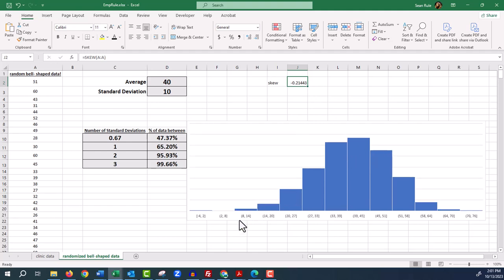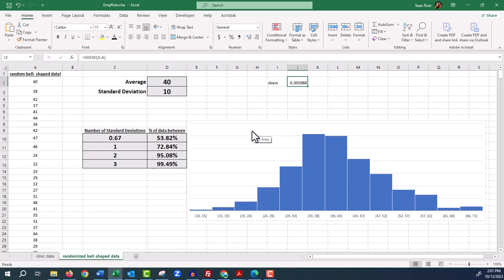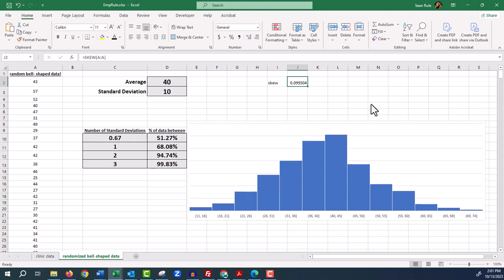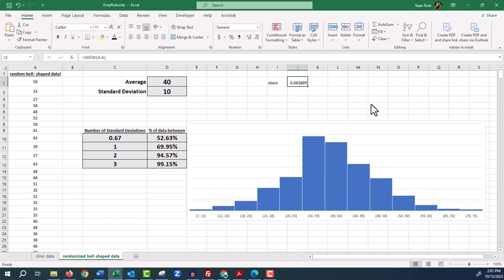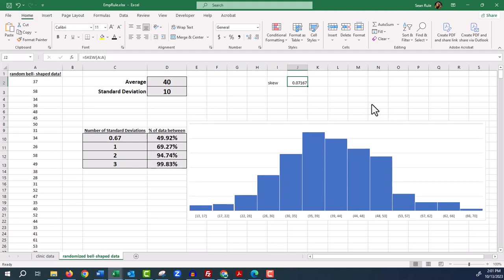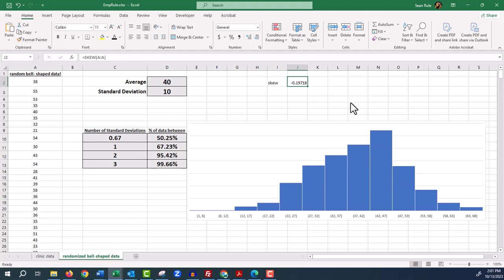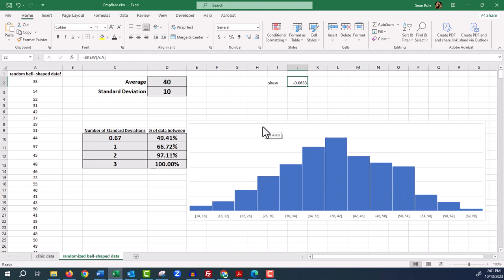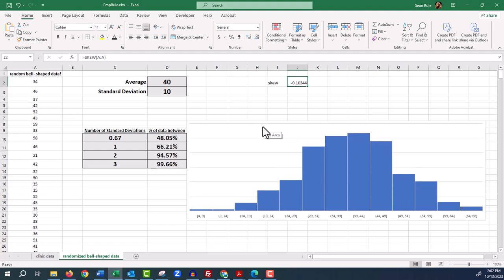You can see by these tails over here. There's another negative skew. There's a slightly higher positive skew, probably because of these outliers over here. A skew of 0 would be perfectly symmetrical, and you can see that you don't get that. If you ever get perfectly symmetrical data, something's wrong.